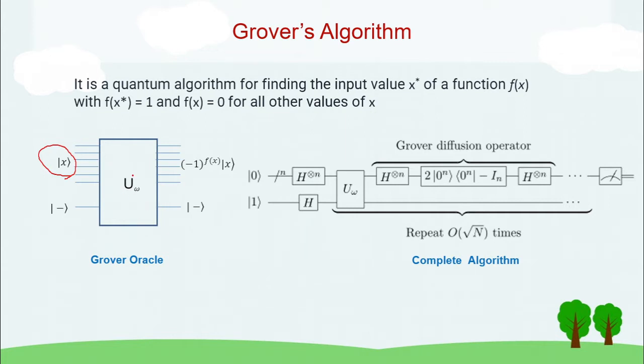Again, you can see more in the video on Grover's algorithm. But we should know that it has just marked what we are interested in. When you make a measurement, we cannot see the difference, because the probability is still the same as any other x values or x states. So in order to amplify the probability, Grover's diffusion operator is given.